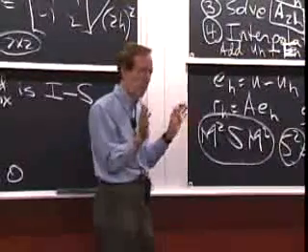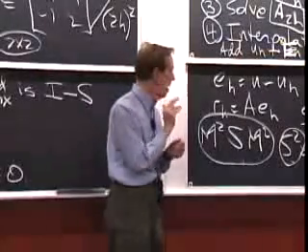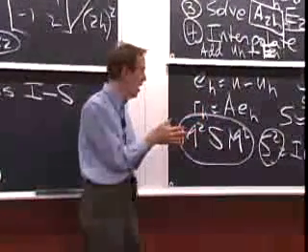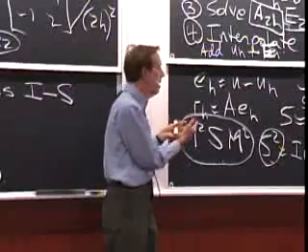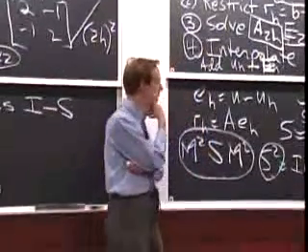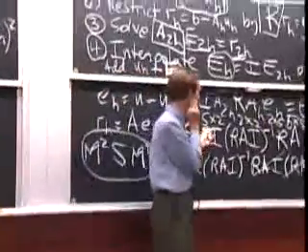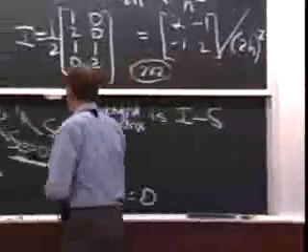Small prize for telling me the rank. I'm interested in this count. How many vectors are killed? How many go through unchanged when I multiply by S? So what's your guess for the rank of S? 2, exactly. So S will have 2 of these guys.